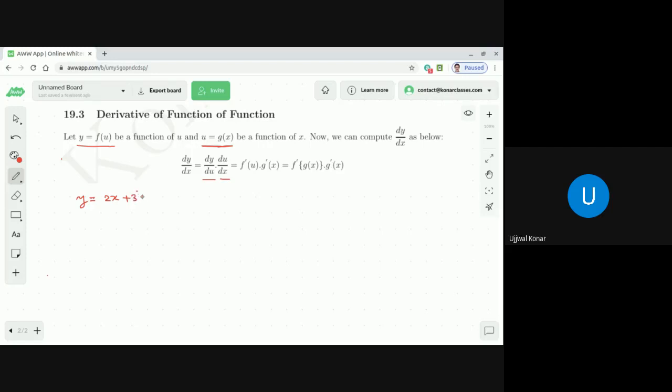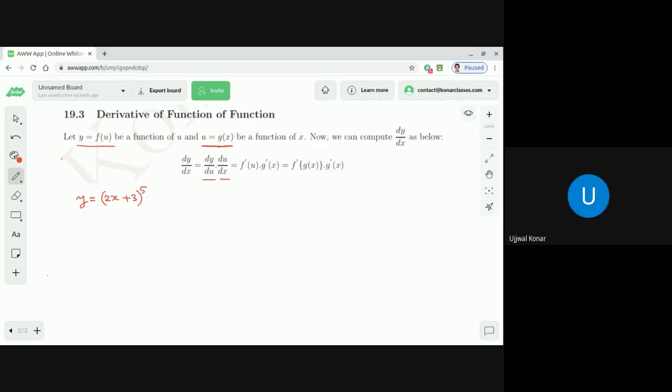So what I'm saying is (2x plus 3) power 5. Are you able to view this, dear students? Let's discuss this. What about the formulas you have learned so far?